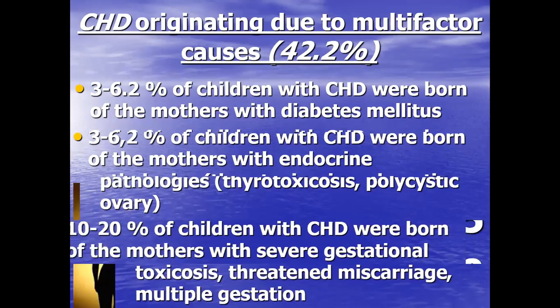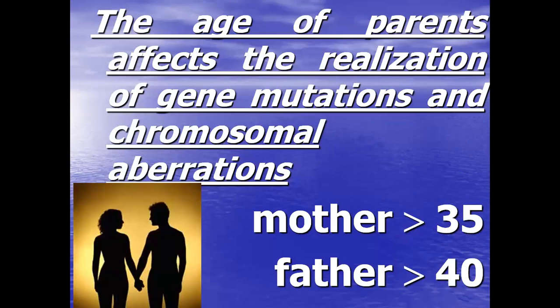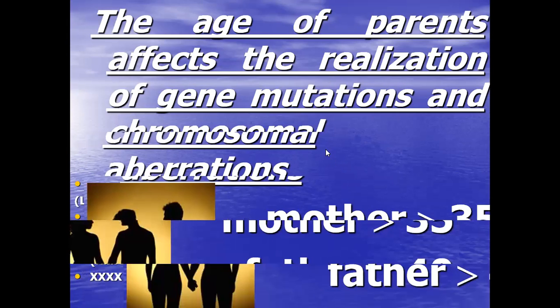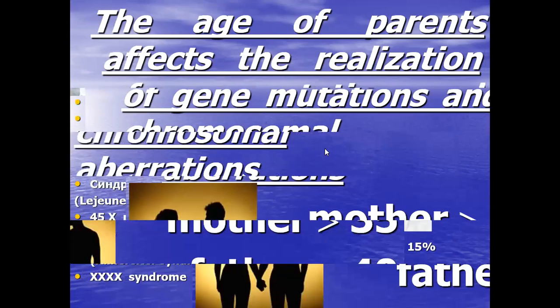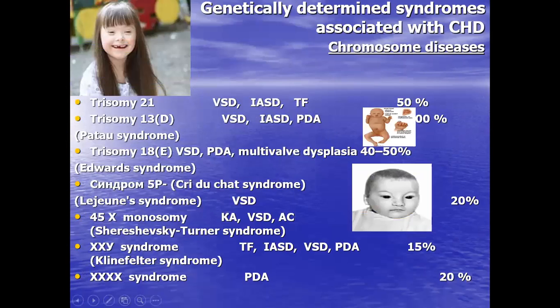And the age of parents affects the realization of gene mutation and chromosomal aberration, when the age of the mother is more than 35, 40 years old, and father more than 40, 50 years old. And genetically determined syndromes associated with congenital heart defects.